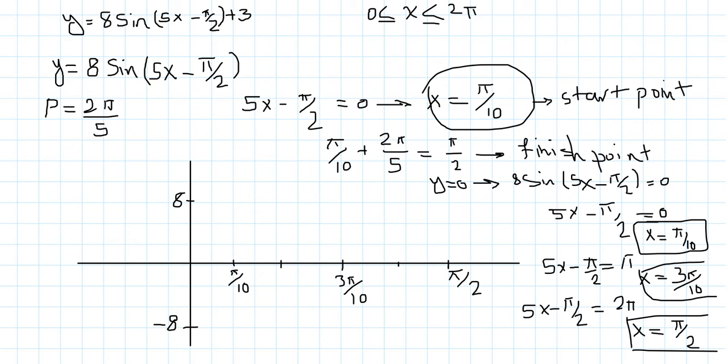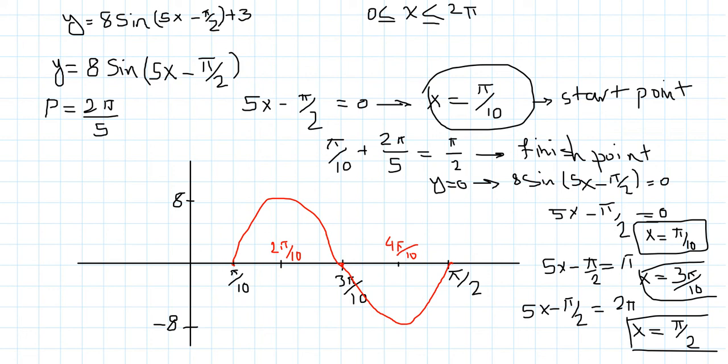I should start from pi over 10 and come up, and again at 3 pi over 10 it is 0, and at pi over 2 it is 0 again. Easily I can draw the graph, and here it will be 2 pi over 10, and here is 4 pi over 10. 3 pi over 10 plus pi over 2 divided by 2 is 4 pi over 10.